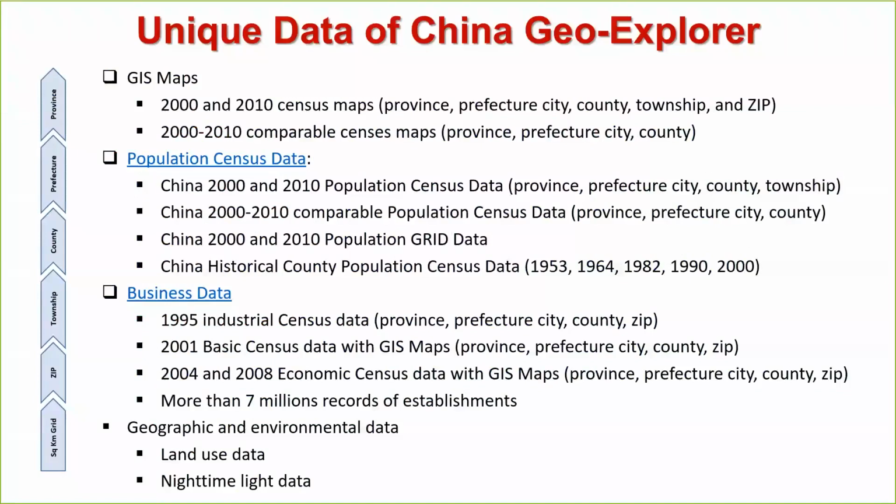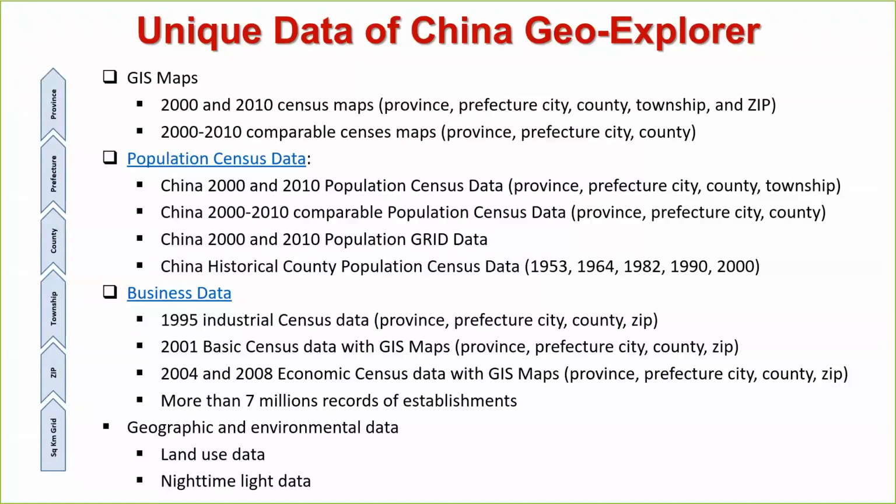That's a similar issue to the U.S. census data. Because every 10 years the Chinese administrative units change, either province, prefecture city, or counties, mostly counties or even townships. So the data from different census years are not comparable.